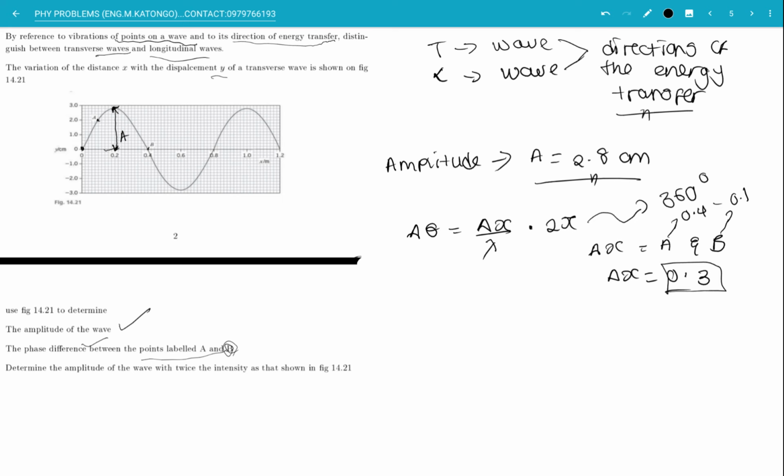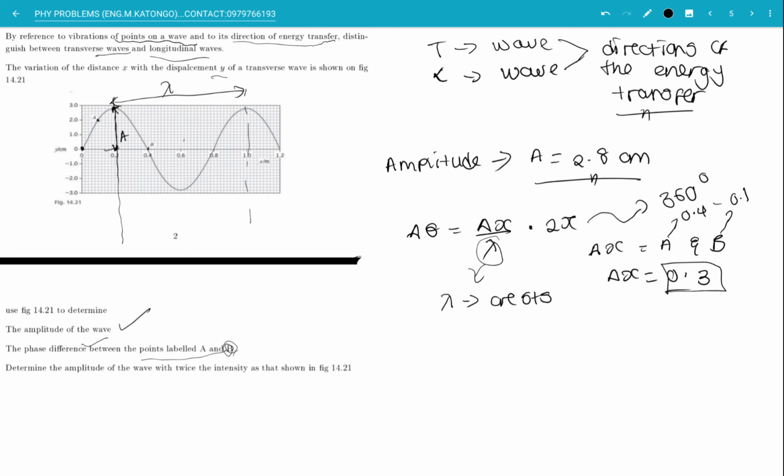Our lambda, which is the wavelength, as defined, is basically the distance between two crests. And hence, if we determine the distance from here to that point of the wave, this will give us our lambda.